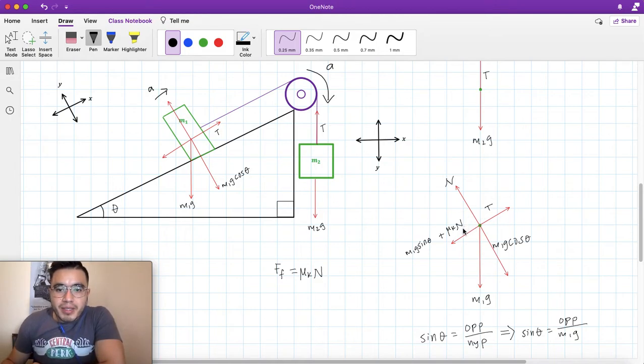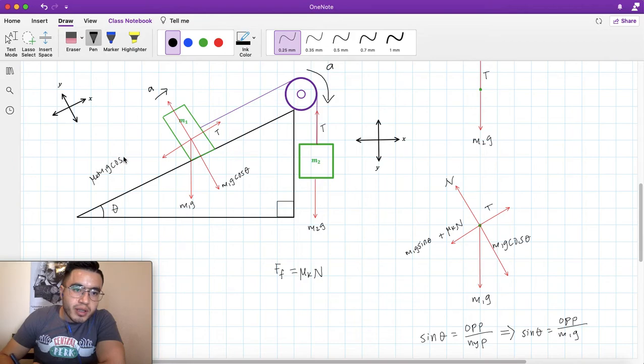Now, instead of writing mu sub k times the normal, I know that the normal will be equal to m1g cosine theta because they're canceling each other out. So this will be mu sub k times m1g cosine theta plus m1g sine theta.